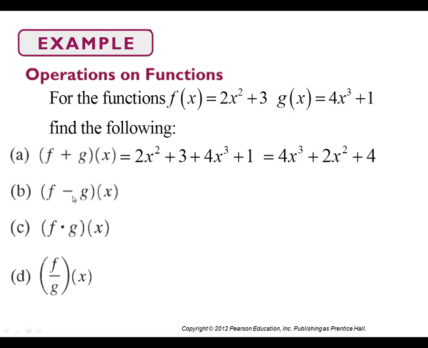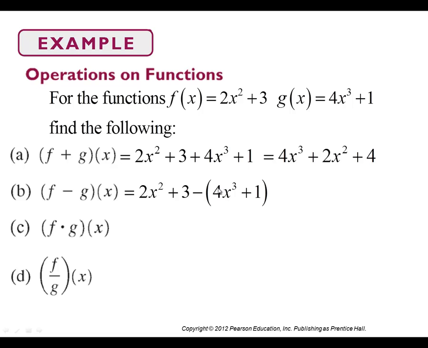Alright, now let's see what we can do with f minus g. So here's the f of x and the g of x, and now we're going to subtract the 2. And so we have the 2x squared, that's our f of x, plus 3, minus, notice we have parentheses around the second term, because this minus has got to be distributed.